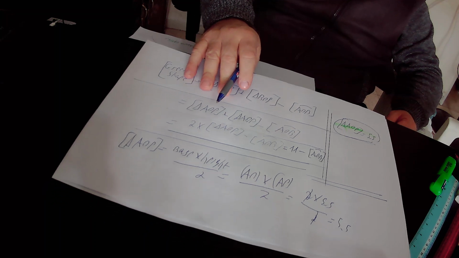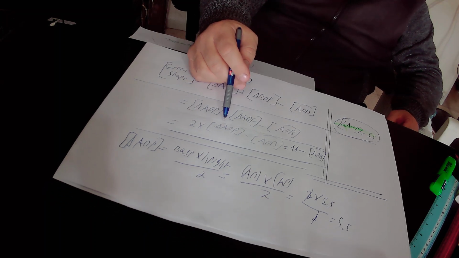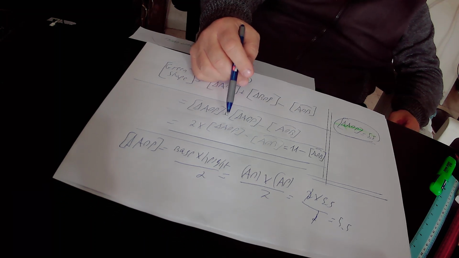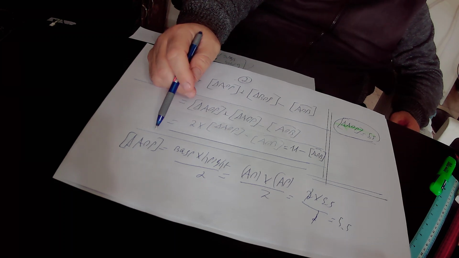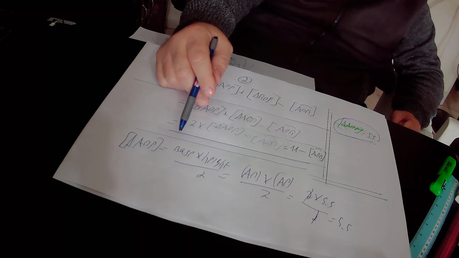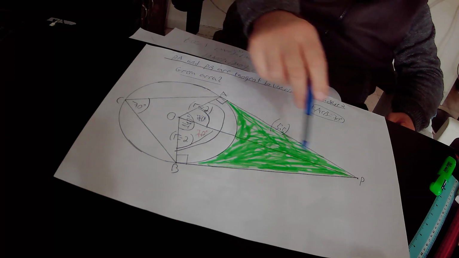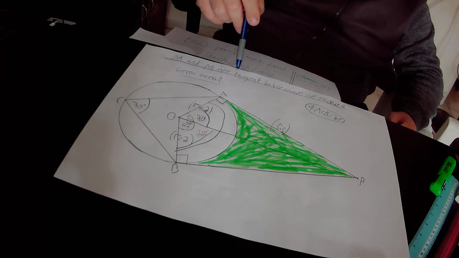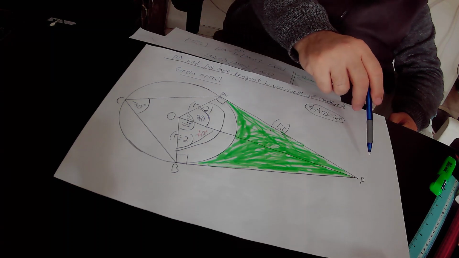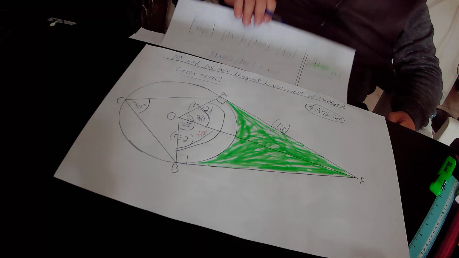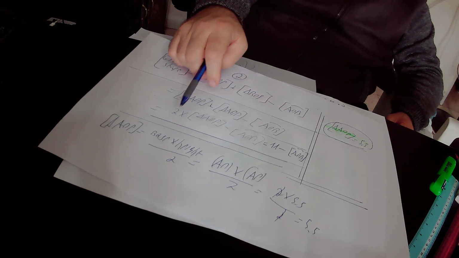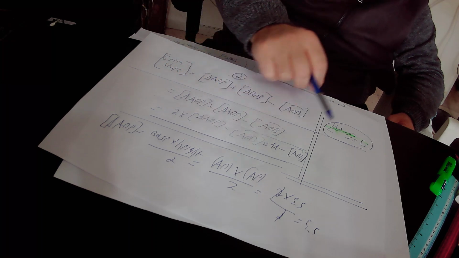So first of all, we have to find out the area of the upper right triangle AOP. What is the area of the upper right triangle AOP? The area of any triangle equals the base of the triangle times the height over 2. We choose the base as AO and the height as AP.